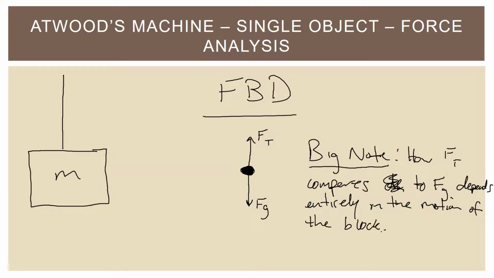And you know what? Let's even go ahead and put some more detail on it. Notice this is kind of like the question I asked you about the elevator problem. If the acceleration is up, which force is going to be bigger? How can you tell?